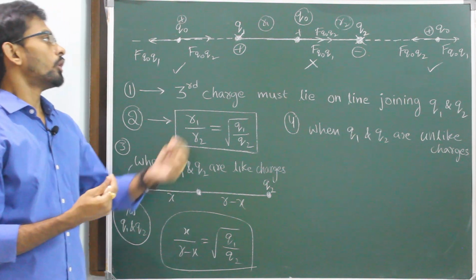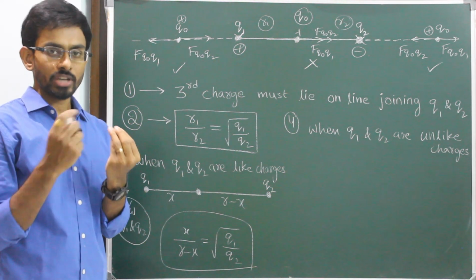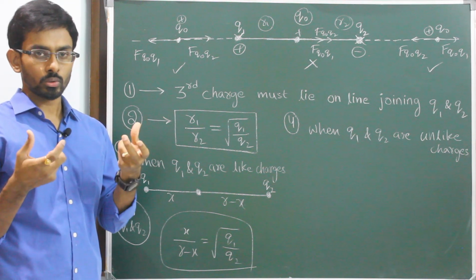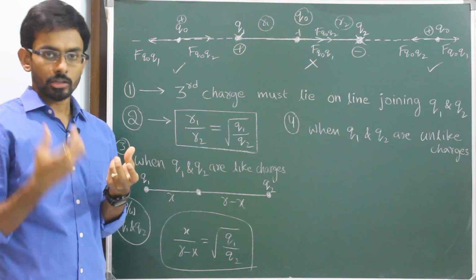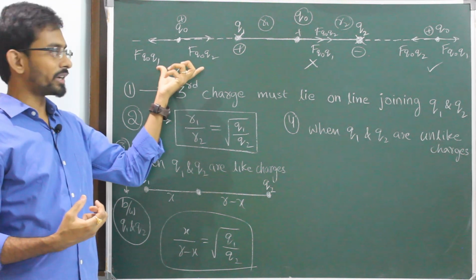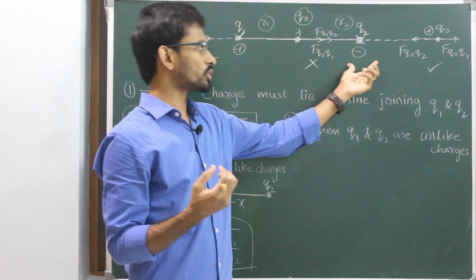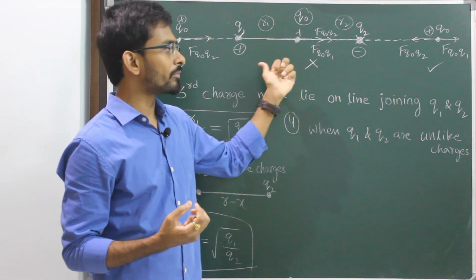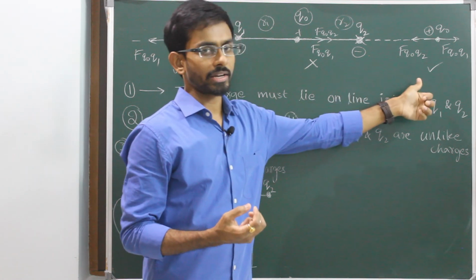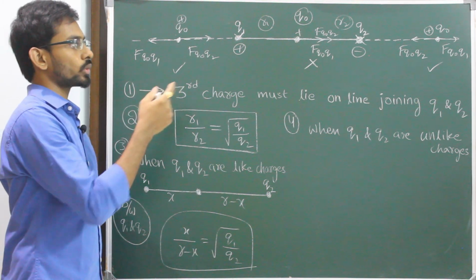Now we will check whether q1 is the smaller charge or q2, means we will cross check magnitudes of q1 and q2. If the magnitude of q1 is smaller, then the equilibrium will be closer to q1, that is towards left. In case the magnitude of q2 is less, then the equilibrium will be closer to q2, that is towards right. This is how to find the condition of equilibrium when q1 and q2 are unlike charges.